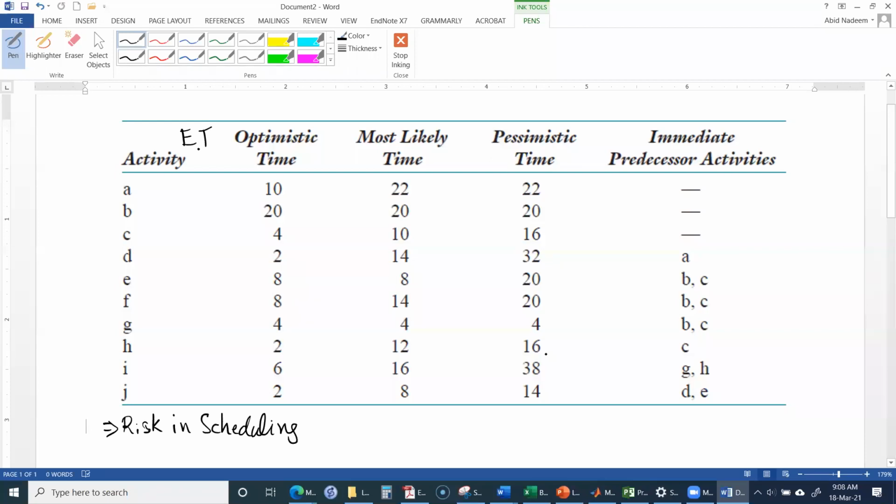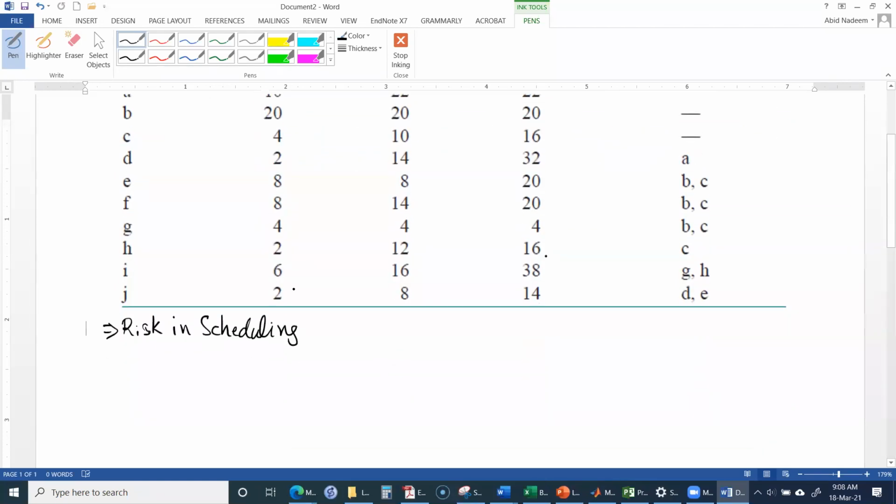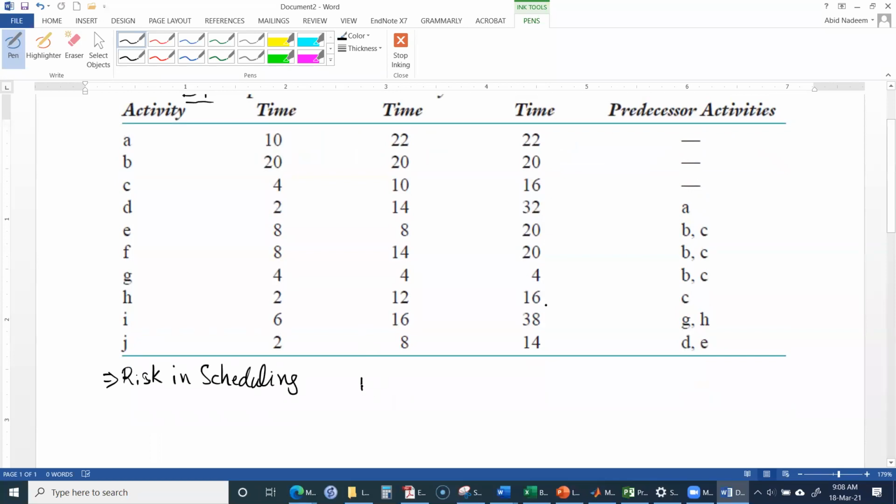The general formula for calculating the expected duration or the expected time is like this. Expected time is equal to the optimistic time plus the most likely time times 4 plus the pessimistic time, and then divided by 6.